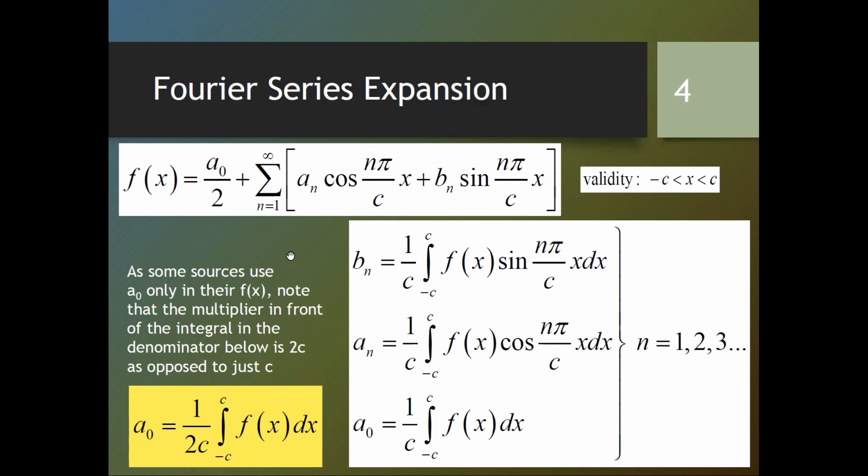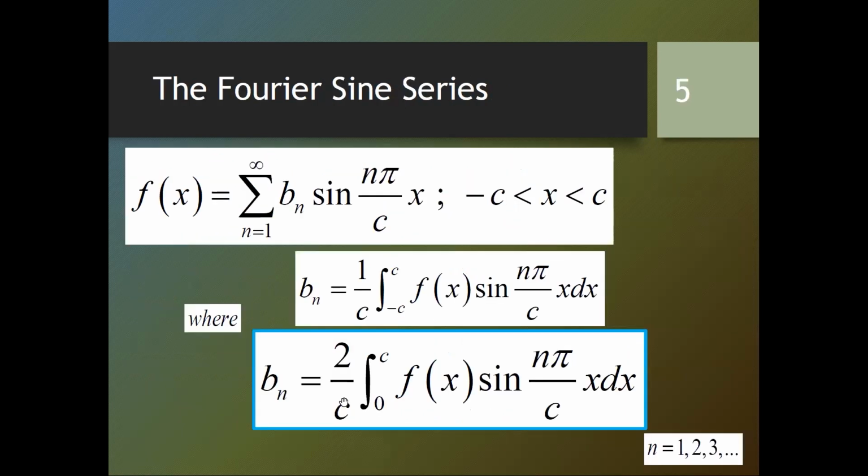So how are these being applied? For example, ito. Di ba alam natin, ito yung naka-blue na lang siya. Ito yung mas important. That B sub n is equal to 2 over C, etc., etc. Kasi bakit? Di ba ang sabi ko, validity is from negative C to C?